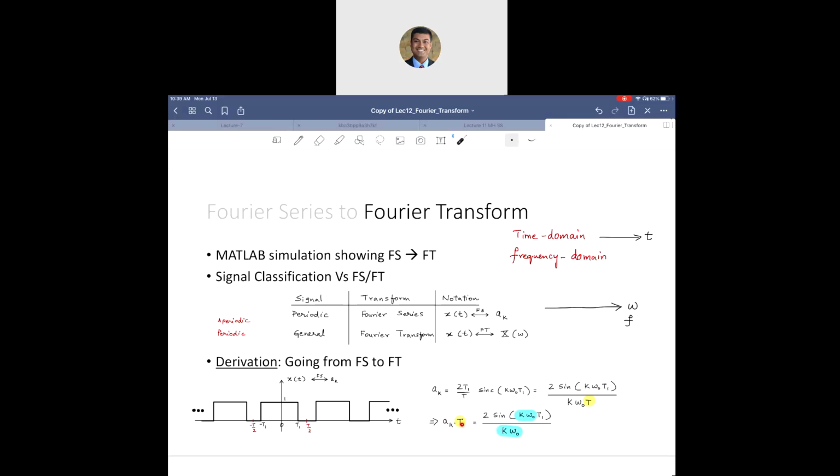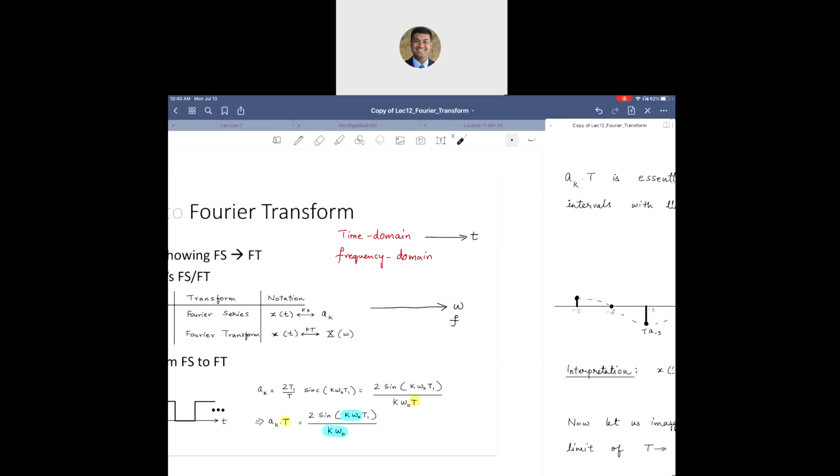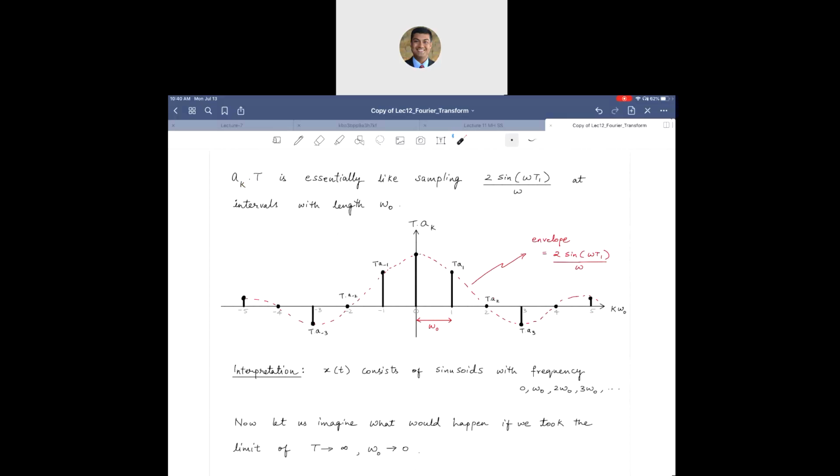So a_k times T, and that's what we are going to do next. a_k times T is essentially like sampling or evaluating the continuous function 2 sin(ωT1) divided by ω at integer multiples of ω0. Those come in at 1 ω0, 2 ω0, 3 ω0, 4 ω0, 5 ω0, and so on.